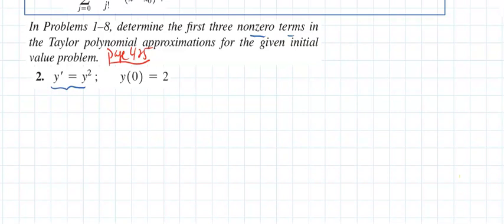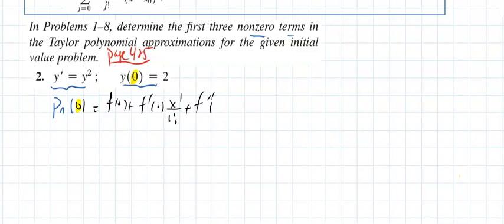This is a differential equation of order 1. This is the initial condition. So if I really wanted to find a polynomial evaluated at 0, that's going to be f of 0 plus f prime of 0 x to the 1 over 1 factorial, plus f double prime of 0 x squared over 2 factorial, if you recall that.